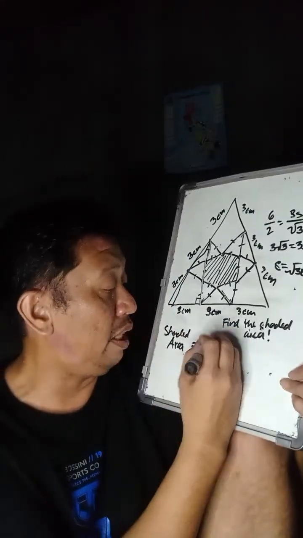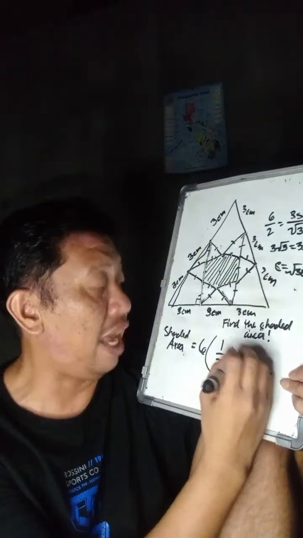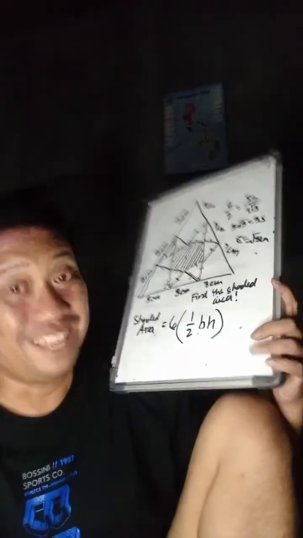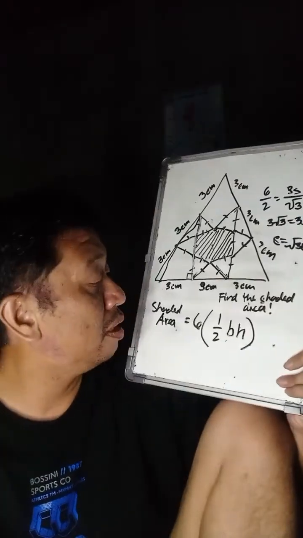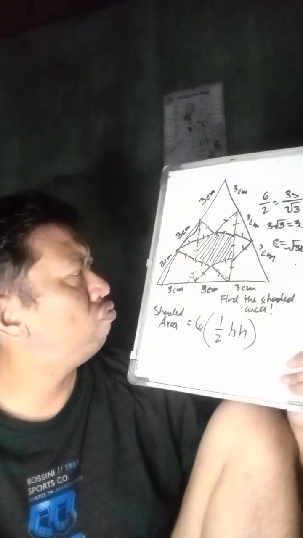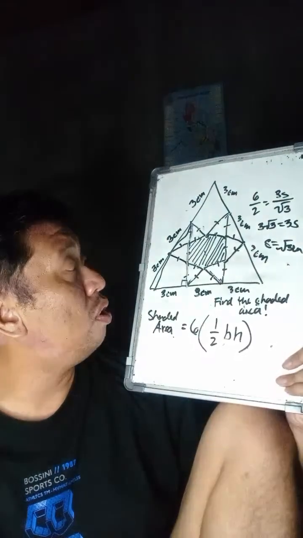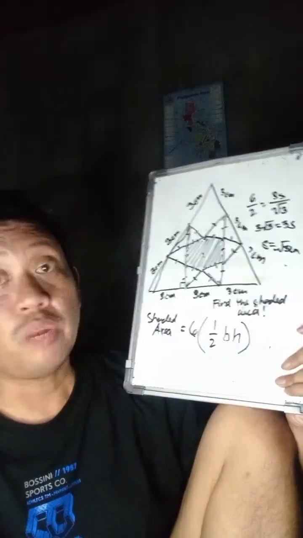So that will be 1/2 base times height. That here is the tricky part. Now, the good news here is all of those 6 triangles are equilateral.